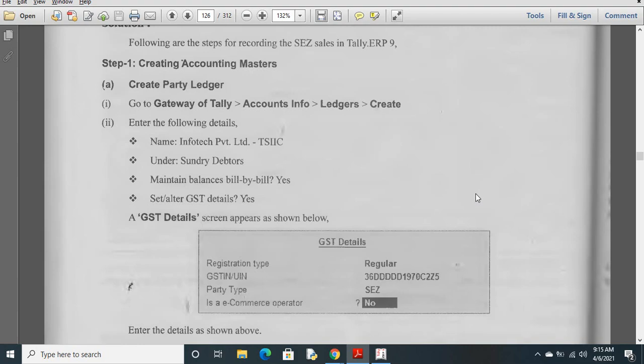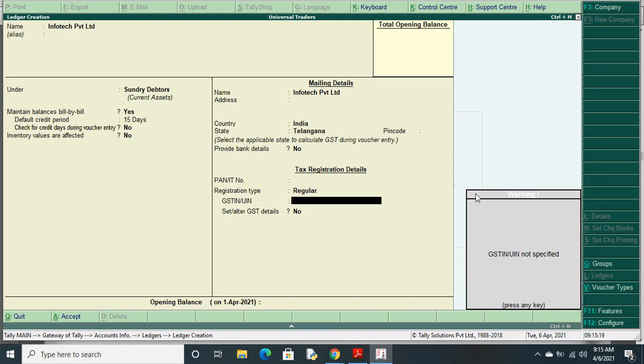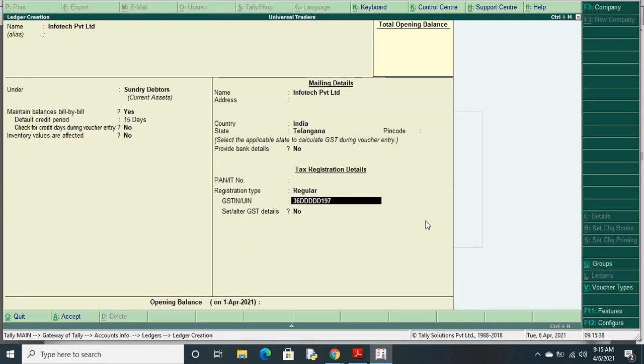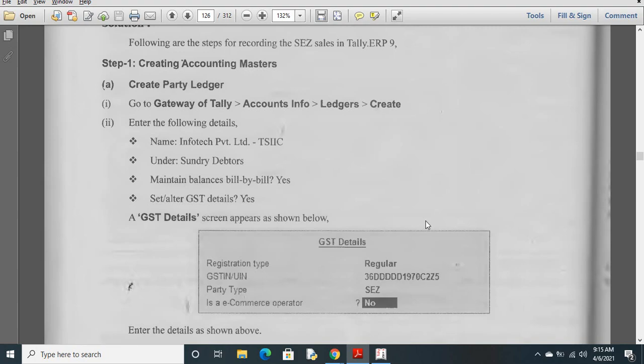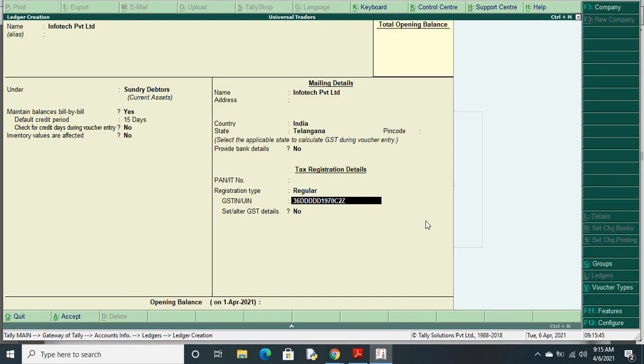You have to enter the GST number. What is the GST number? Give any GST number. Let's see if the one in the book works. It says invalid. 37 is not right, 36 is required, because it is from Telangana. 37 is of another state.